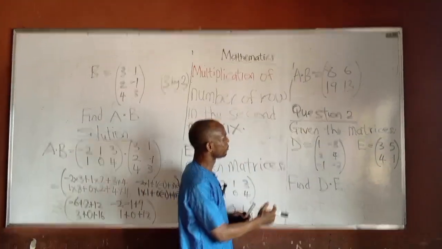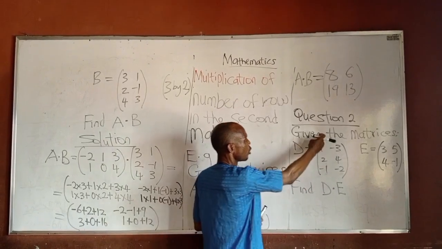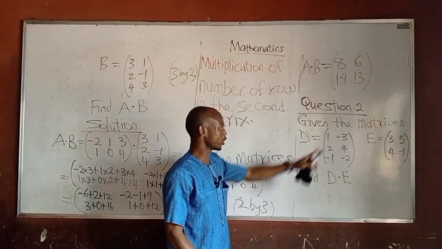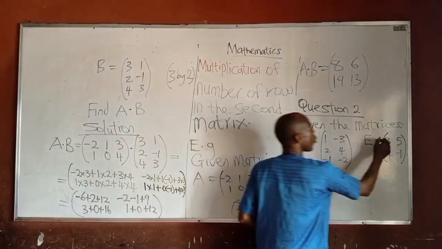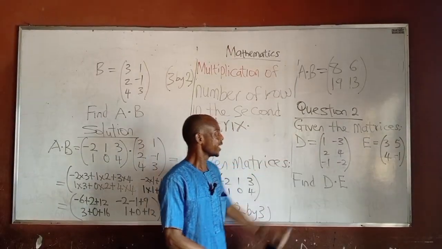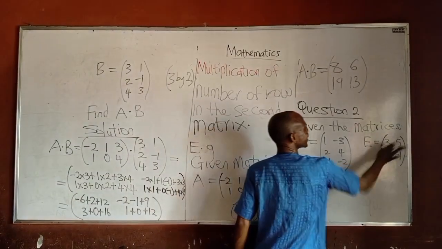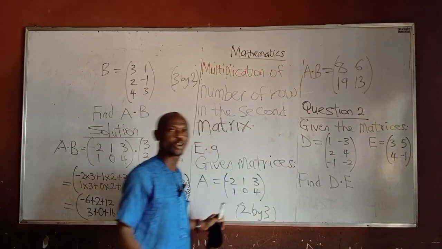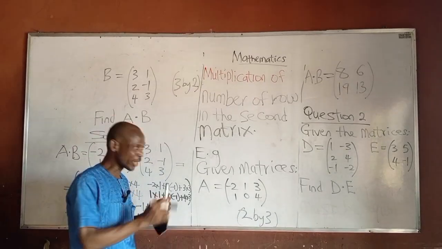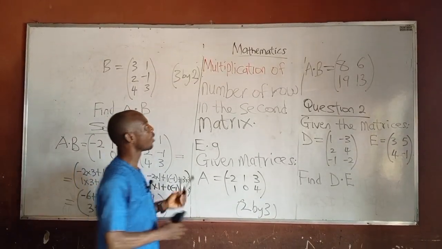So what's the first matrix column? 1, 2. The column here is 2. And what is the row in the second one? 1, 2. So since the column in the first is equal to the row in the second matrix, then they are compatible for multiplication. So let's carry out the multiplication now.